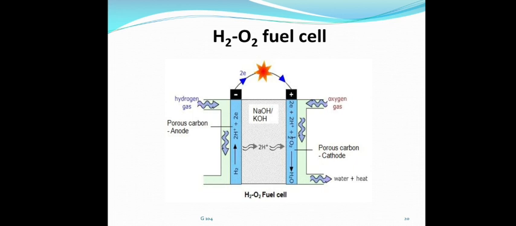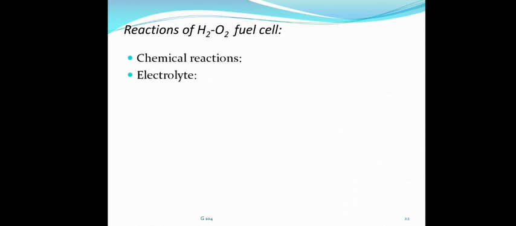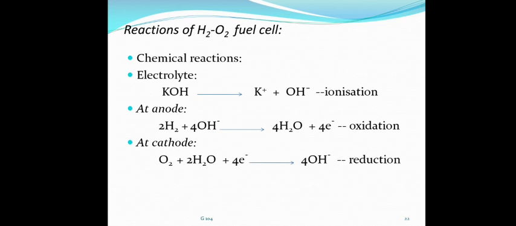So the electrolyte is KOH, that is K plus and OH minus ions. At the anode, what is happening? H2 is taking 4OH minus to form 4H2O plus 4 electrons. At the cathode, O2 plus 2H2O, oxygen is undergoing reduction by taking water in the presence of 4 electrons, forming 4OH minus.